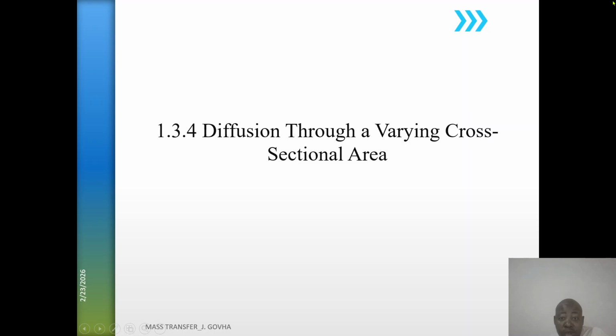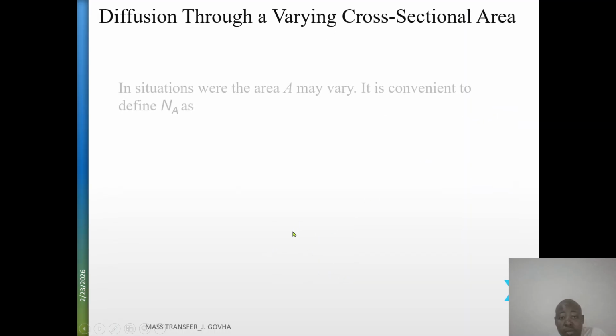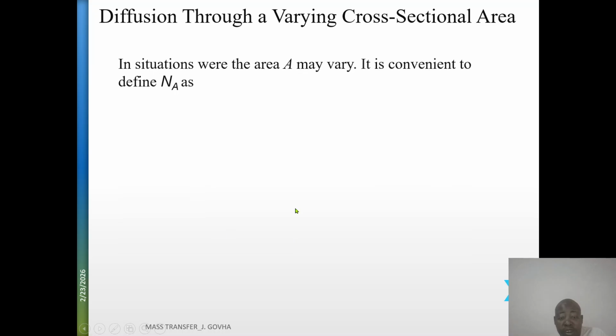Hello. Let's look at diffusion through a varying cross-sectional area. All along, we've been looking at constant area, but now let's look at how to solve scenarios where we have the cross-sectional area varying. In such situations, we want to define our molecular diffusion and flux.